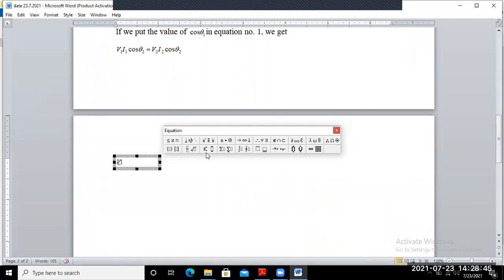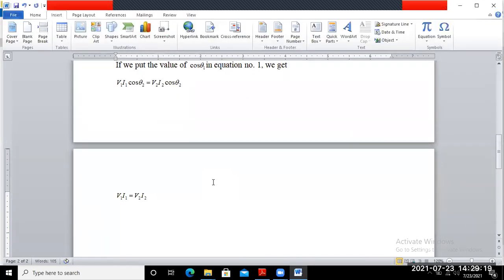Okay, so we can write here V1 by V2 equal to I2 by I1.